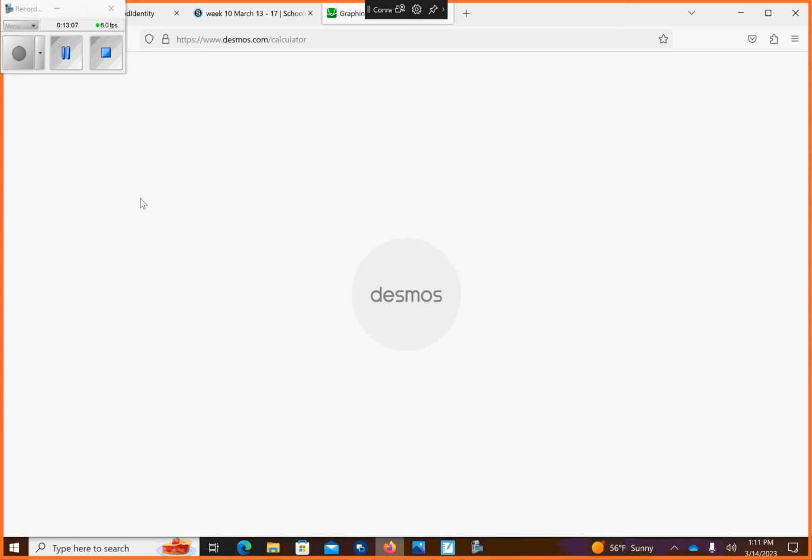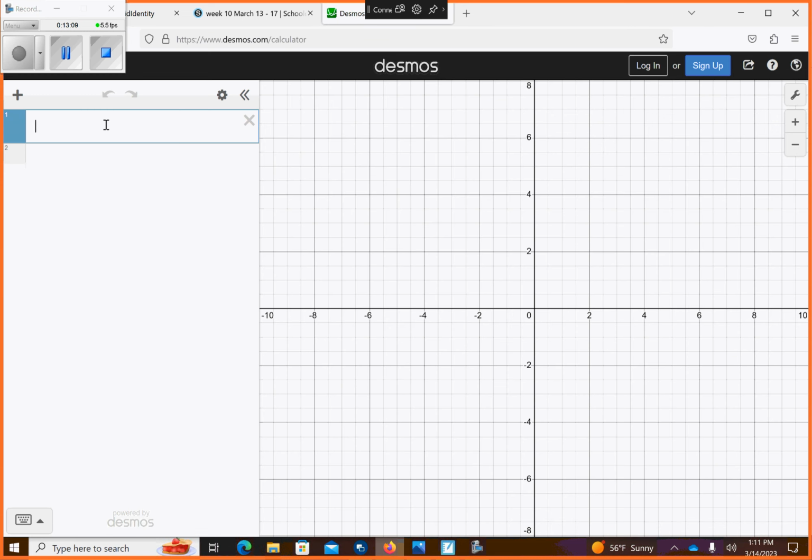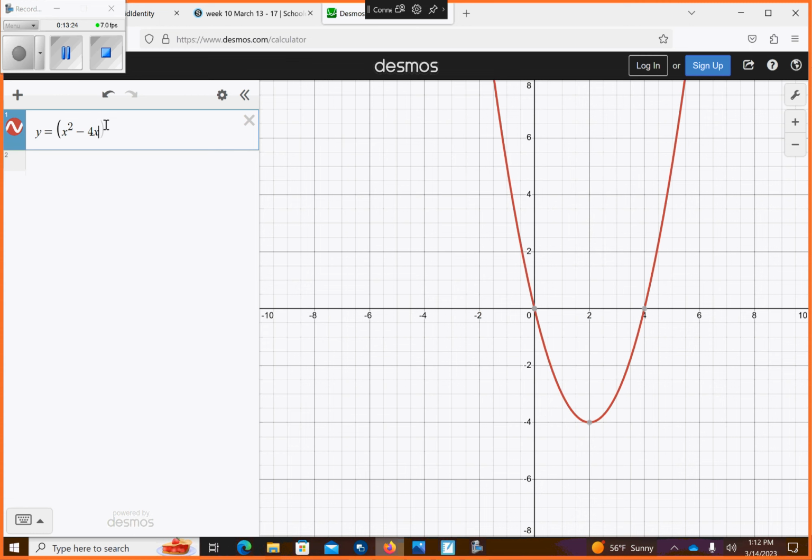If I graph this, let's see, how do I want to do this? I'm going to go y equals x squared minus 4x, raised to the 6th power.